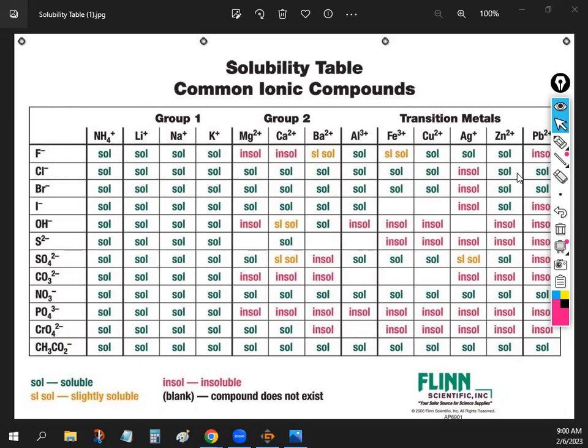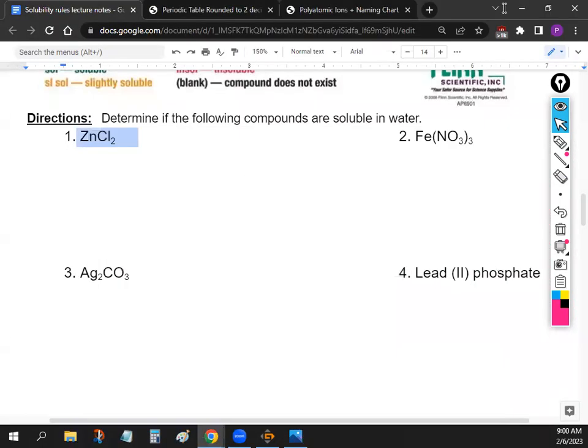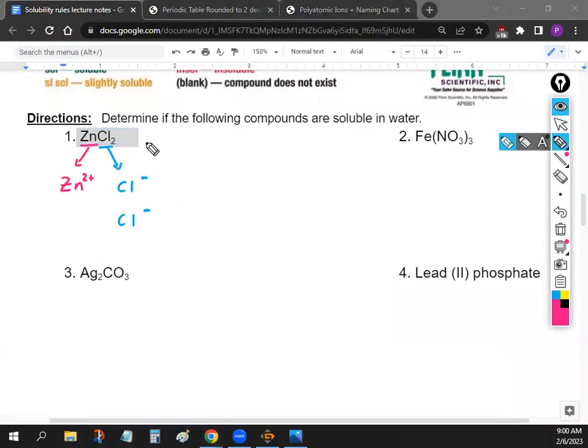And it says SOL, which is soluble, which means ZnCl2 is going to dissolve in water. So Zn's right here, Cl is right here, you just line them up, and that should tell you that it's soluble. And we're all good, you can just write SOL. That's it. Pretty easy, right?